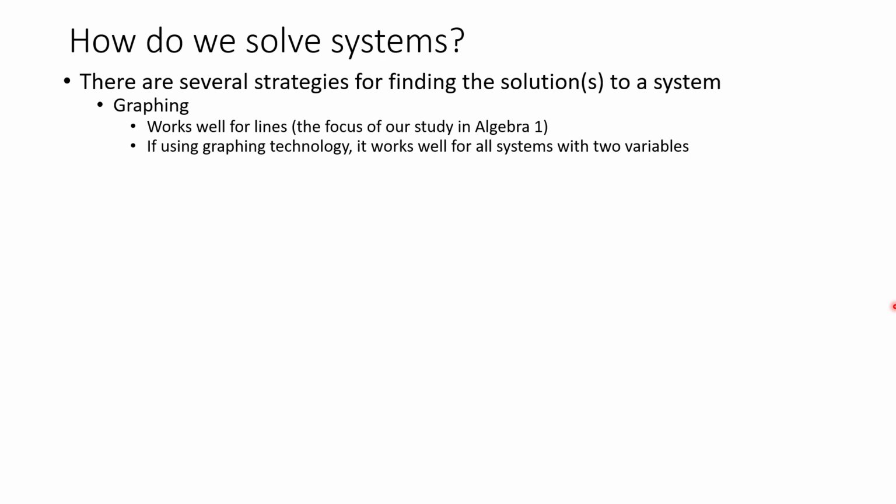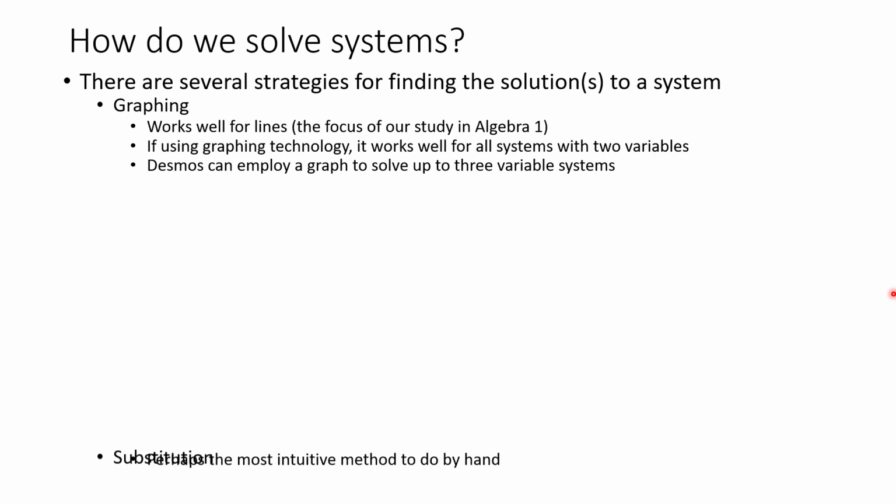Well, as long as you're limited to x's and y's and you have access to, say, a graphing calculator or to Desmos, then you will be able to use graphing really well. And Desmos can employ a graph to solve for up to 3 variable systems, and that involves the use of something called a slider. It's kind of cool to do, but you can figure out how to use Desmos to graph, and then the third variable is done on the slider.